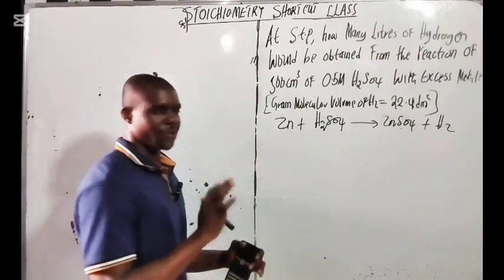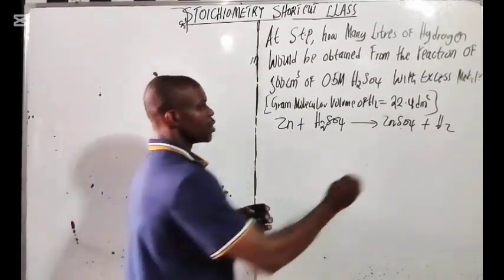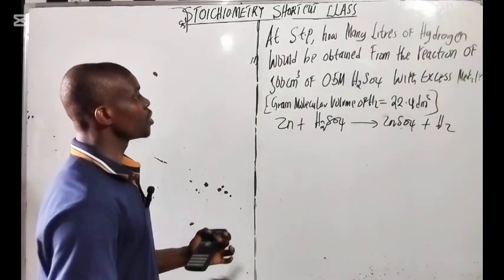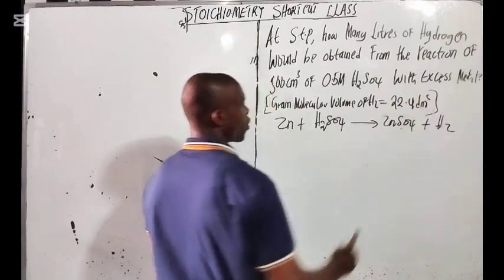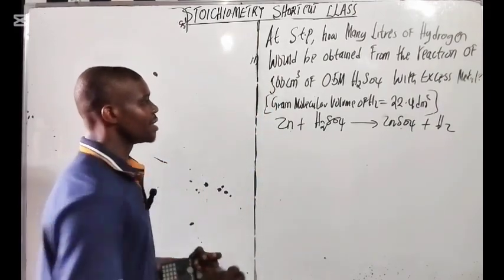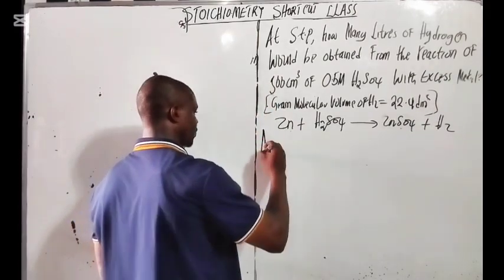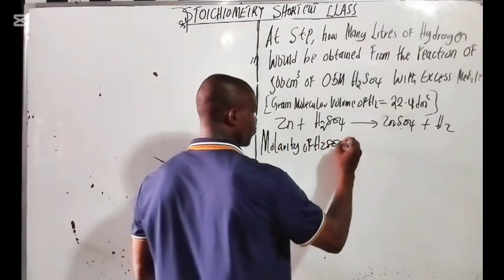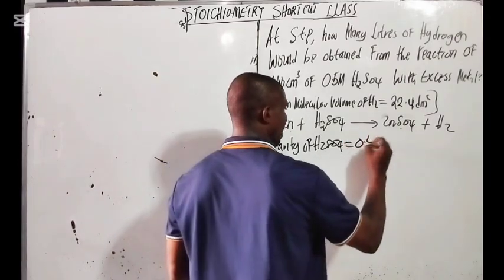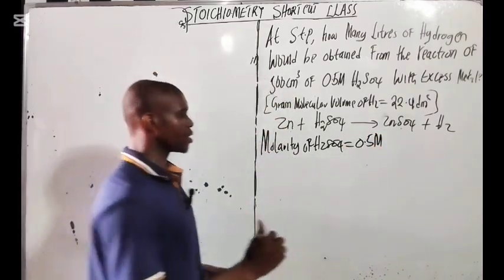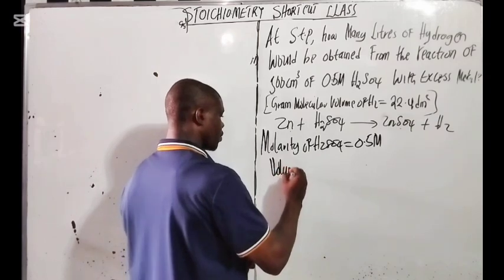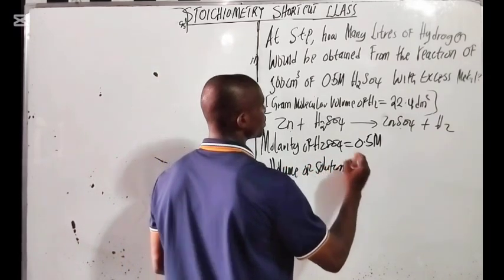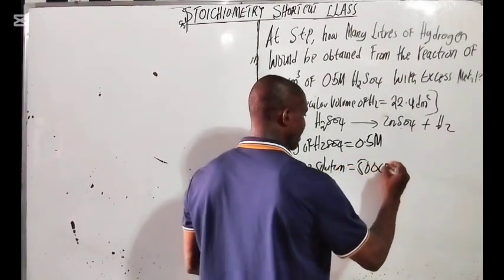So the question is already given to us. They're asking for the volume of hydrogen produced. If you check very well, they gave me the molarity of H2SO4, which is 0.5 molarity. They also gave us the volume of solution, which is 500 cm³.